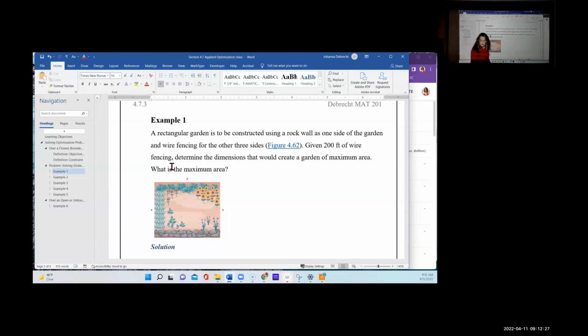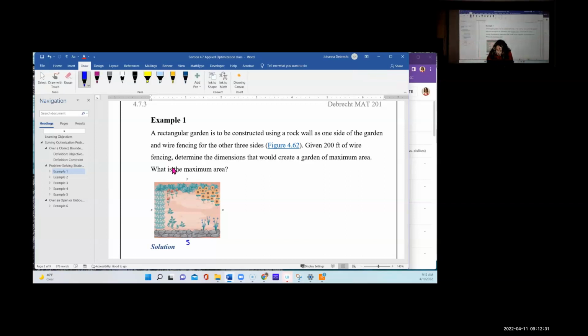All right. So if you want, you can even write this down in words so that you draw your attention to the fact that that's a stone wall. And wire fencing, got it, for the other 3 sides. Okay. Well, I'm not very good at drawing, so I'm just going to write wire fencing around the 3 sides.